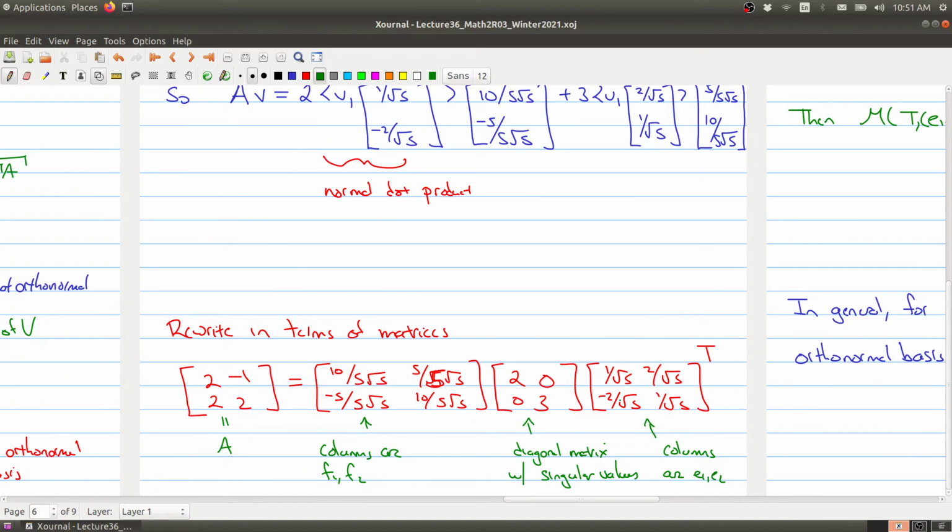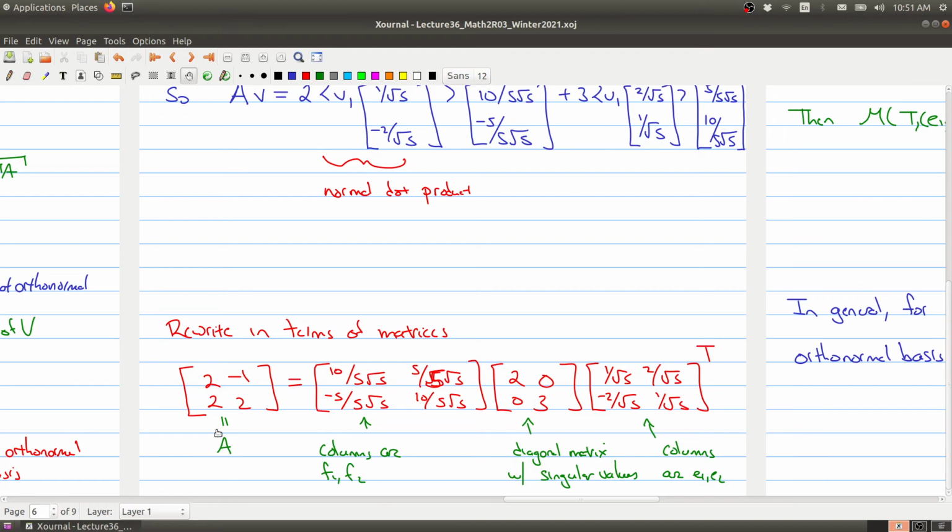So what the singular value decomposition says is that you can take this matrix, find its singular values, and on this side the columns are going to be one orthonormal basis. On this side, the columns are going to be another orthonormal basis, up to transpose. We'll talk a little about what this means in the last part. This is an example of the singular value decomposition. If you took Math 2LA3, you probably were able to show that even though we're focusing on operators, you can do this for any matrix.